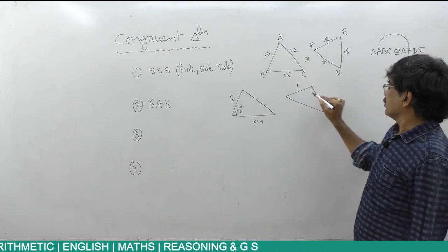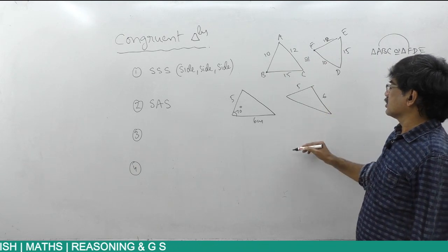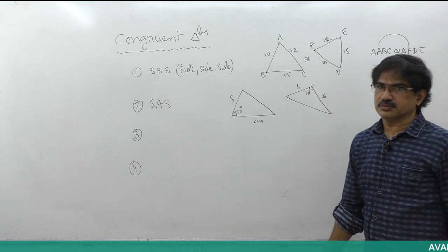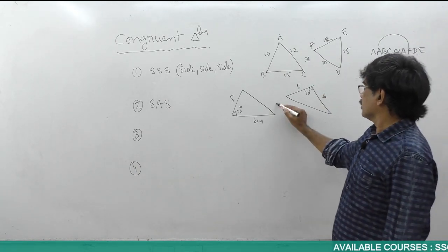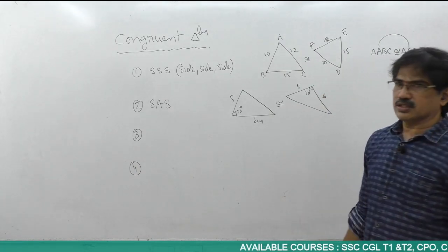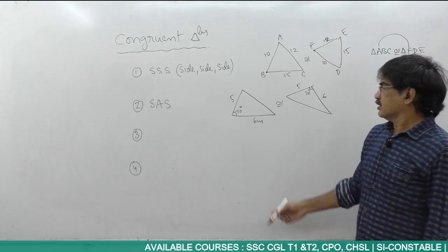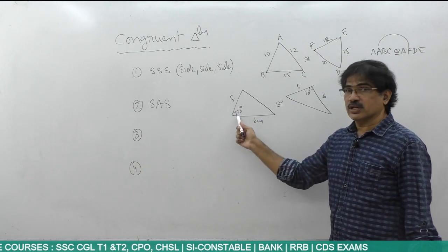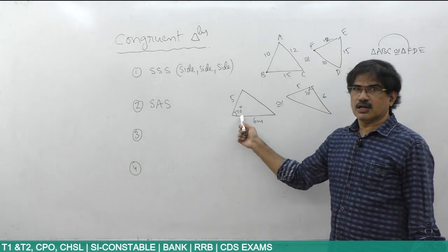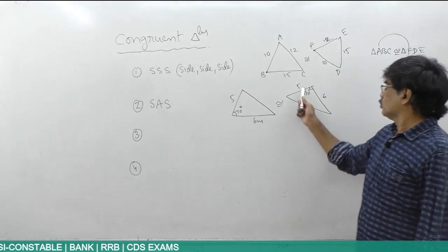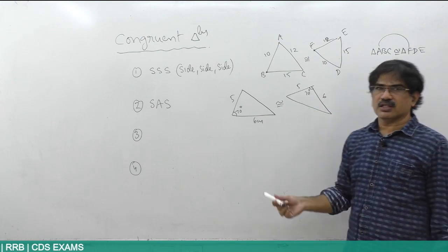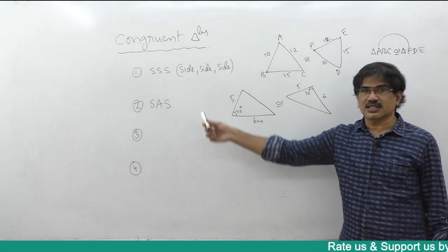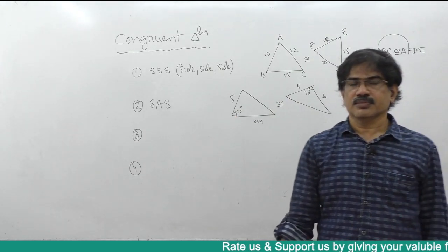If this is 5 centimeters, this is 6 centimeters, and let this angle be 70 degrees, we say that these two triangles are congruent. Side, angle, side. If two sides and included angle of one triangle are equal to two sides and included angle of the other triangle, we say that the two triangles are congruent. That is SAS property.